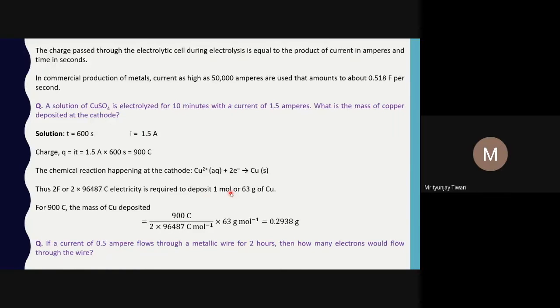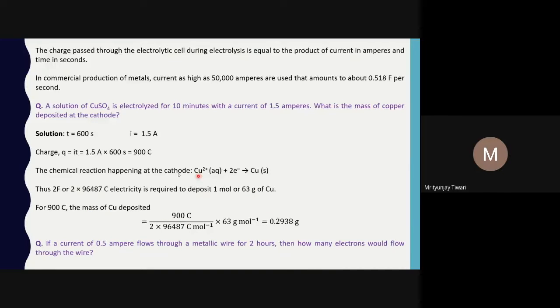So 63 gram of copper will be deposited if you use 2 farad of charge, which means 2 into 96,487 coulomb. So if we use only 900 coulomb, how much copper will be deposited?